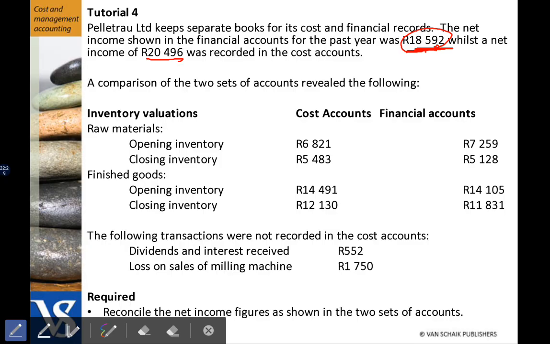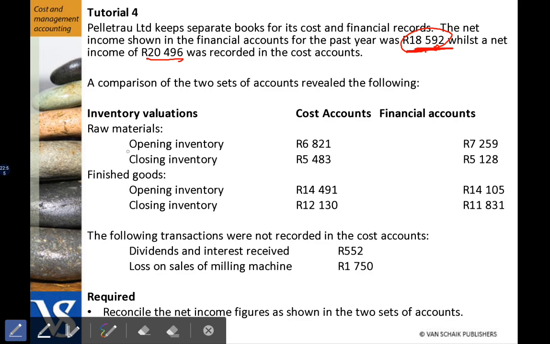So we will look, guys, at what we need to add and what we need to deduct. By the look of things, you may think it's a matter of adding, because 18,000 is less than 20,000. But sometimes you may find that there are things that we need to deduct as well. So we'll have to look at that.